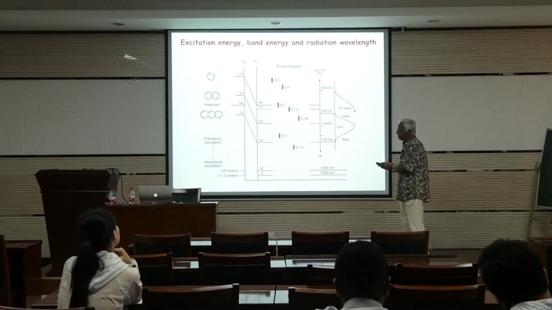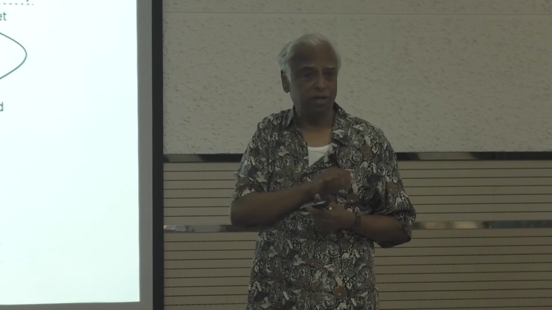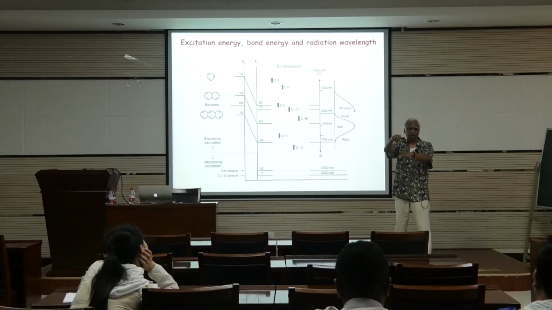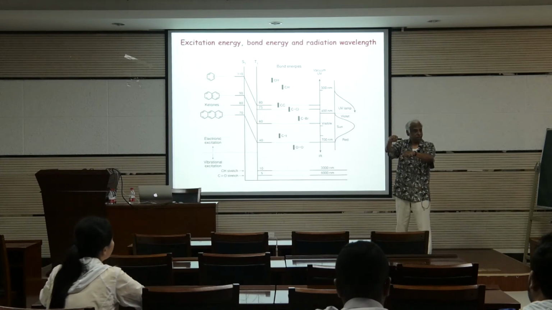You can see the electronic configurations are exactly the same, whereas the spin configurations are not the same. Because there is one electron in this place, another electron here, but they have different spin, that means it is singlet.